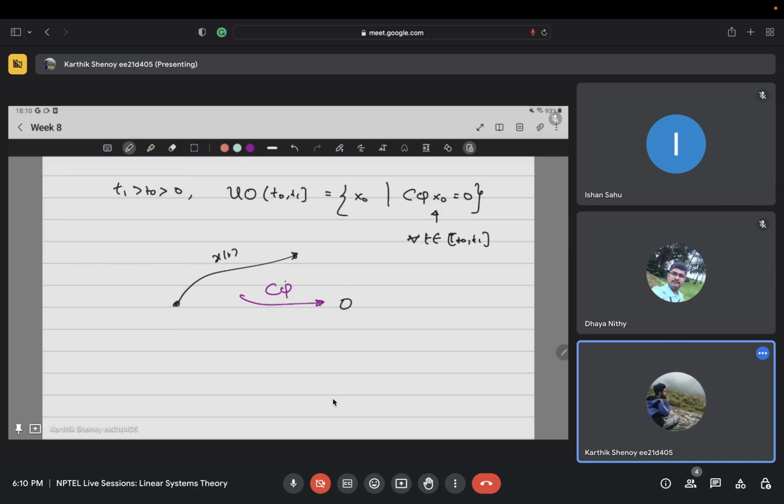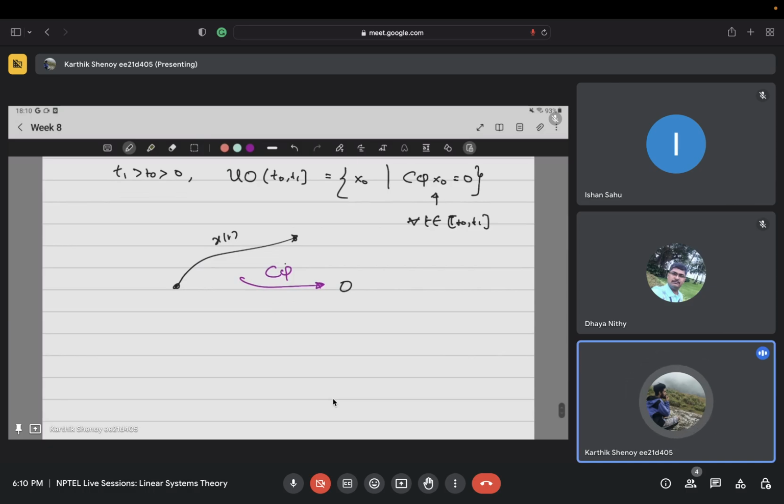Now you see you are finding the initial value from your future outputs. So y of t for t belonging to t0 to t1 is your future compared to x naught at t naught. Based on this entire trajectory, you want to compute what is x naught.